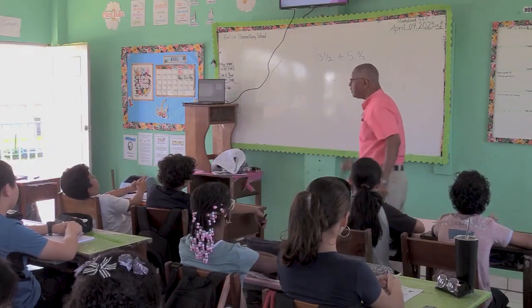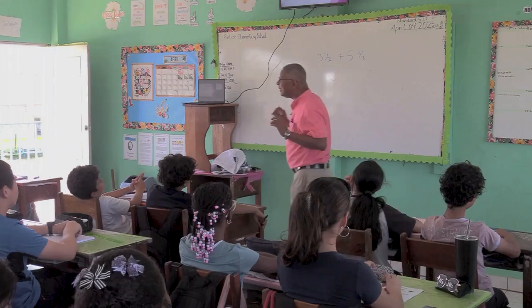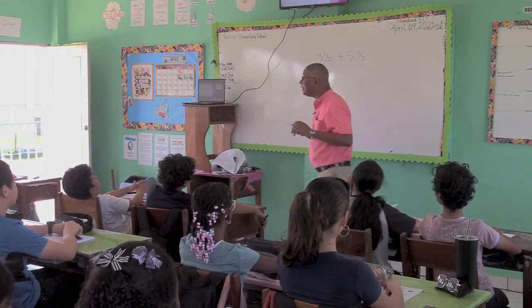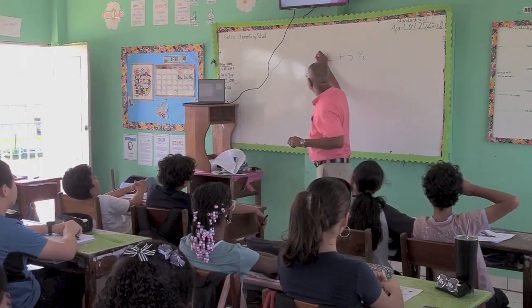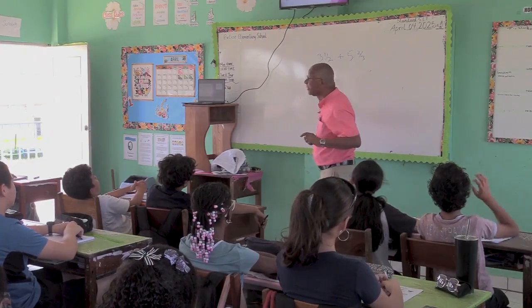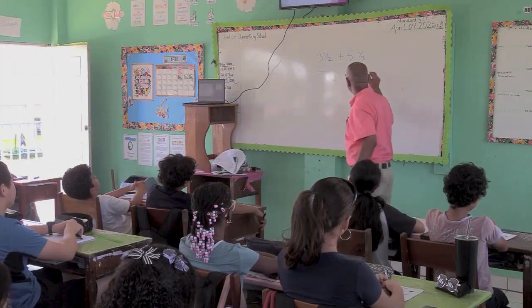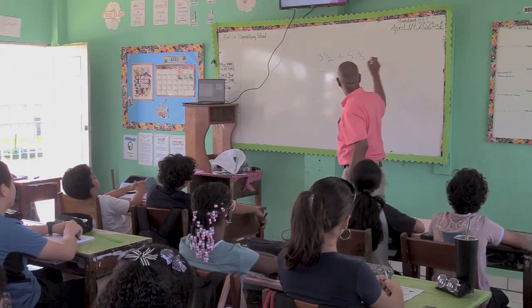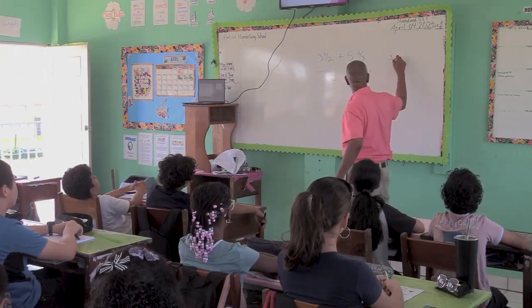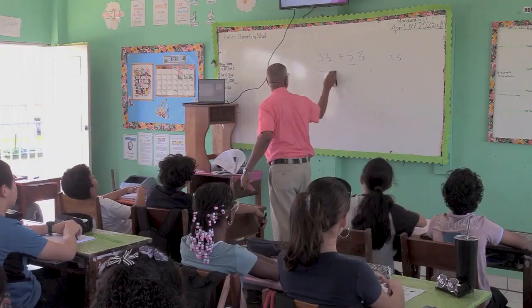Okay? So the first step when adding mixed numbers is to separate the whole numbers. In this number, the 3 is a whole number. In this one, the 5 is a whole number. So you would take the 3 and the 5, put them aside, and then concentrate on the fractions.